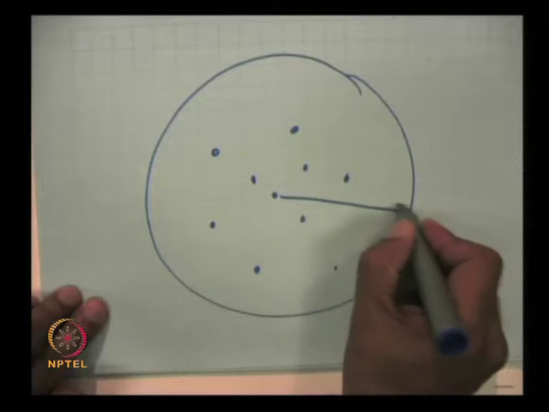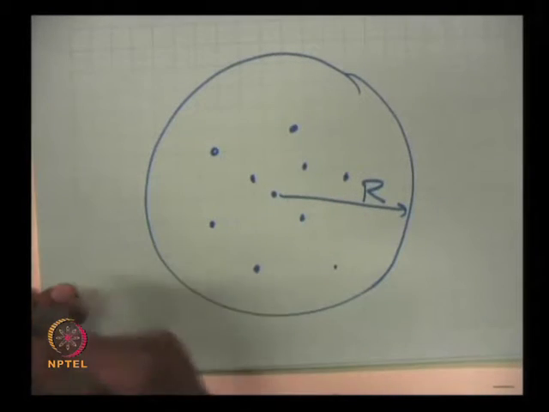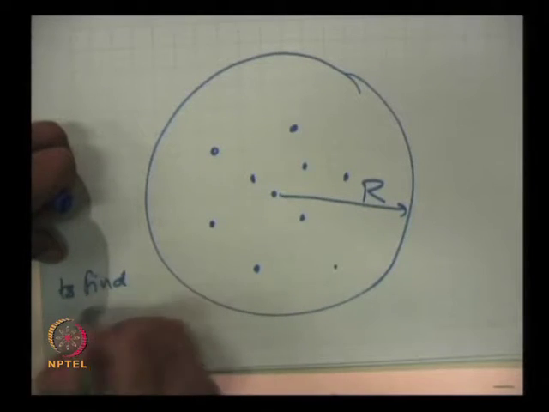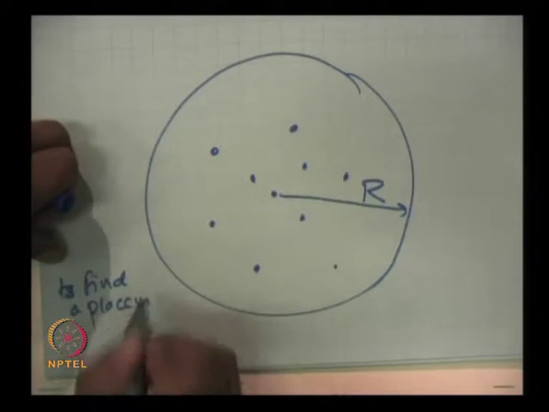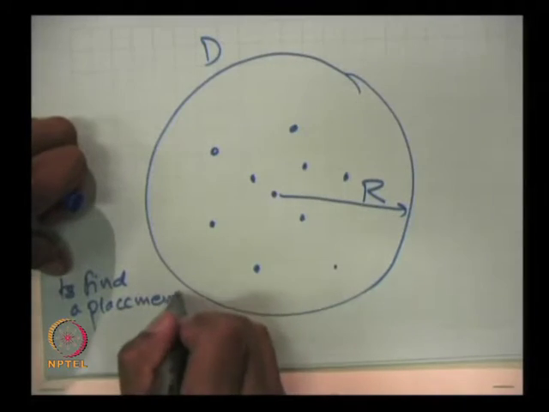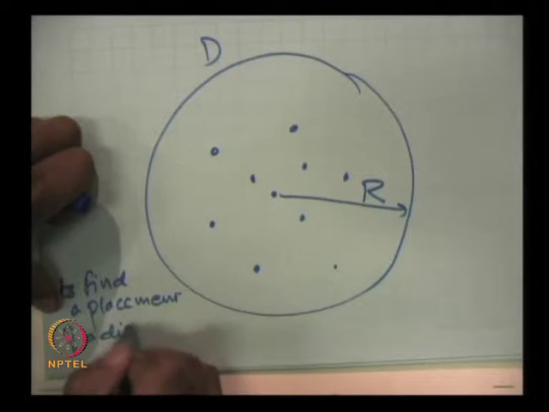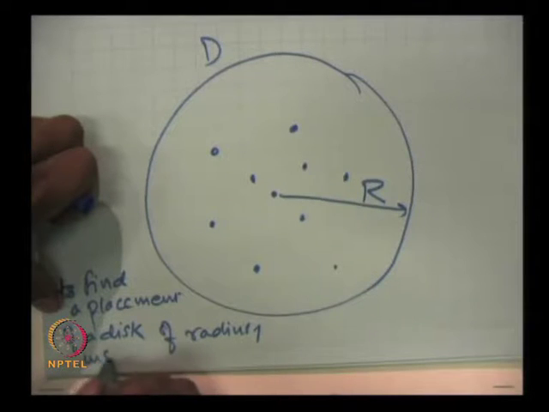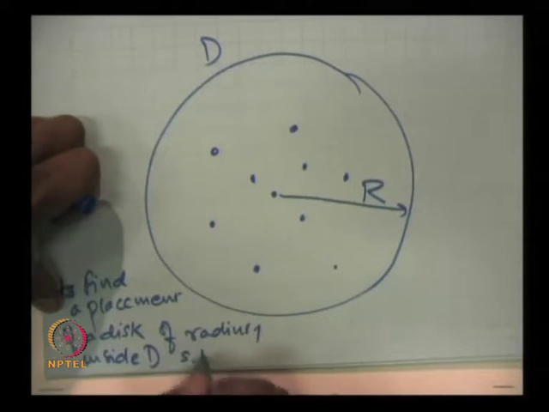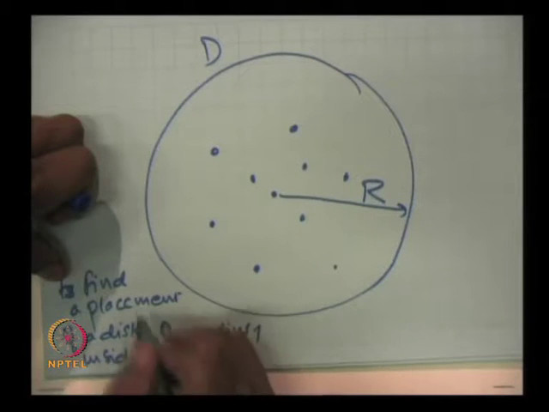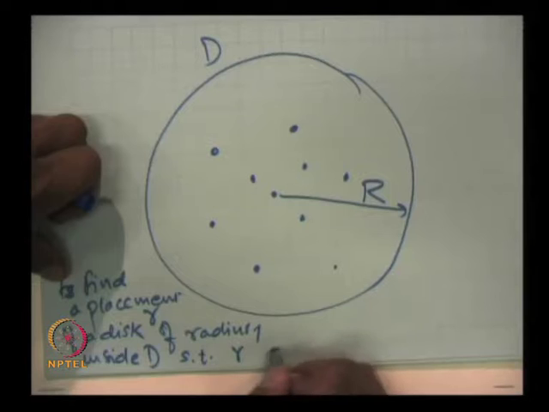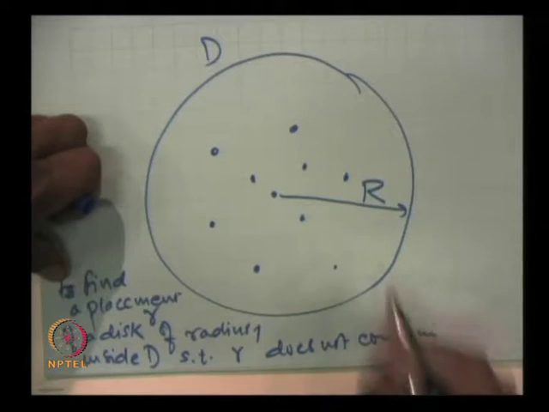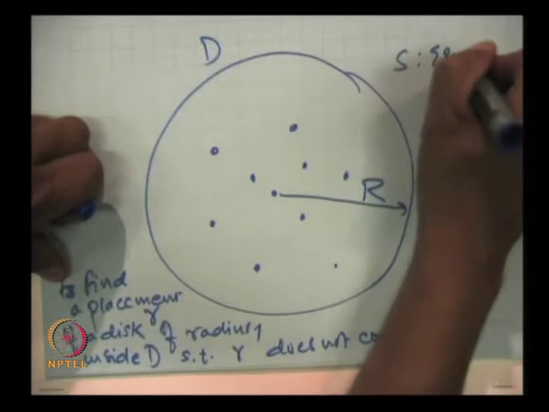Suppose this radius is some big R. Let us call this one big D. Find a placement of a disk of radius 1 inside D such that it does not contain any point of S, where S is P_1 and so on.